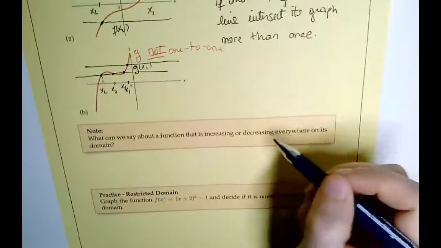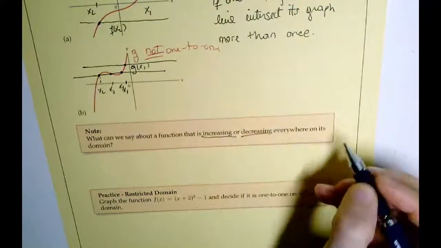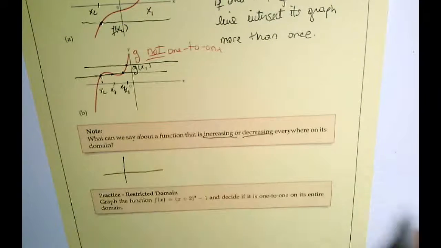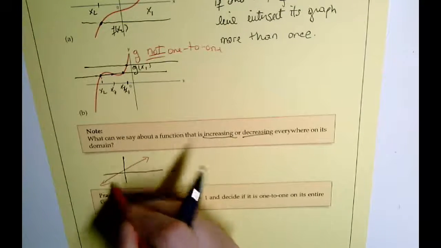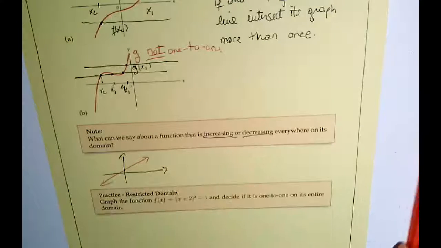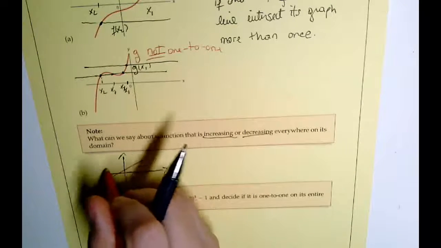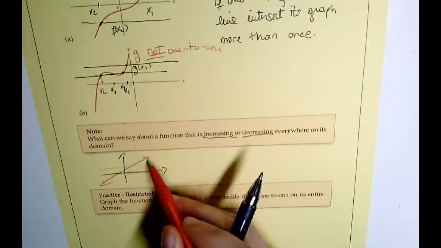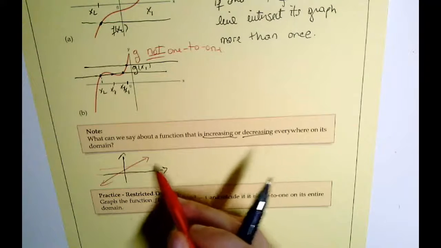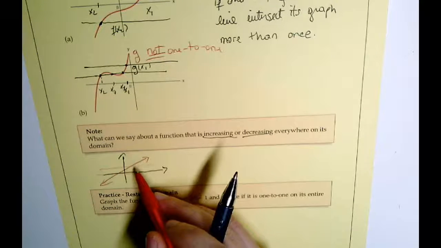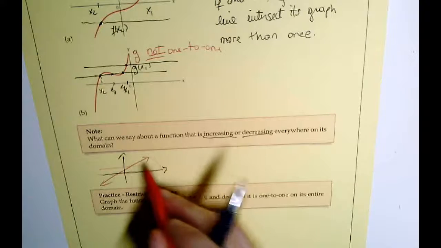Note, what can we say about a function that is increasing or decreasing everywhere on its domain? Let's see, if I have a function that is increasing everywhere on its domain, so from left to right it's increasing, well, it passes the horizontal line test, right? Anywhere I draw a horizontal line, it only crosses in 1 spot. That's because if it's increasing everywhere, it's not going to come down and decrease and cause a horizontal line to intersect it in 2 spots.